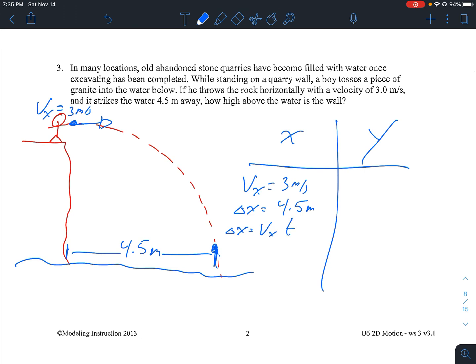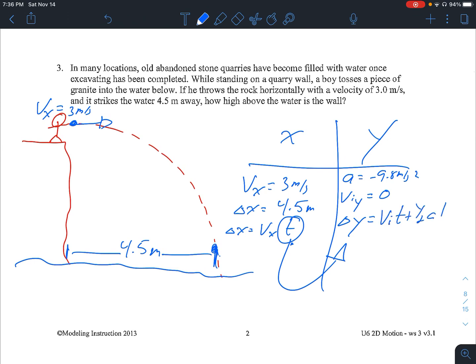So we can plug that in, get our time. We're going to bring that over to this part where we know acceleration. And we use that same equation again, where this drops off because it's 0.